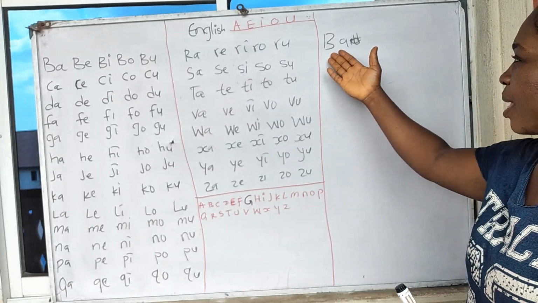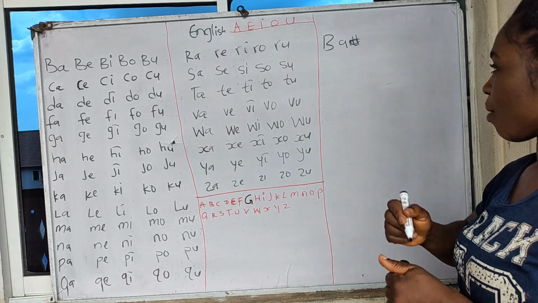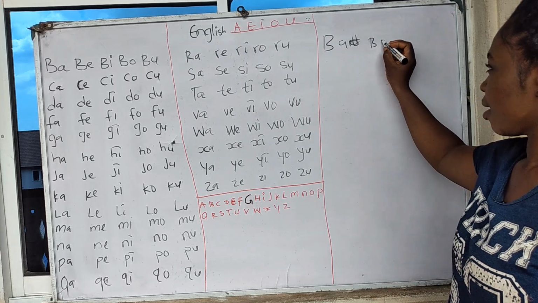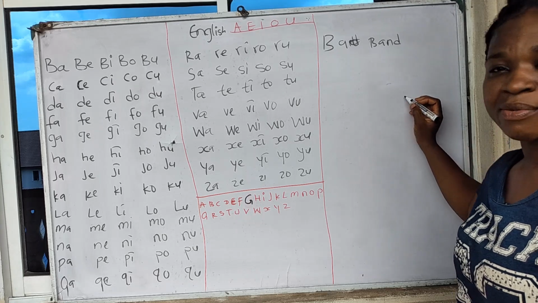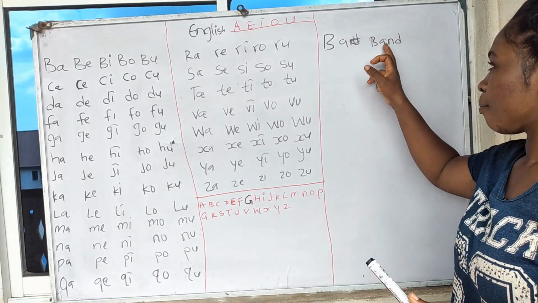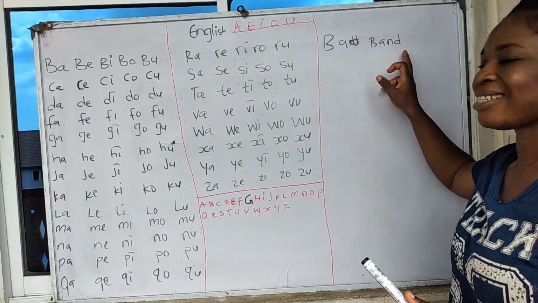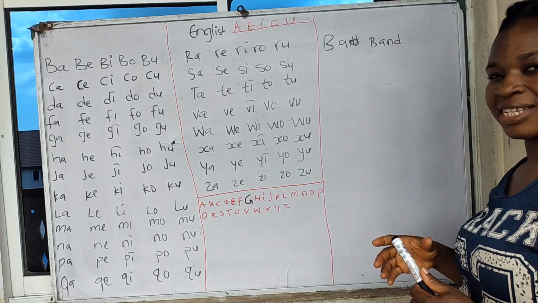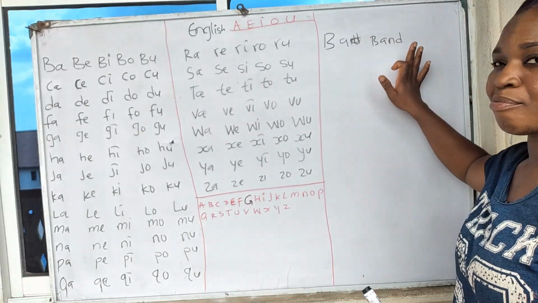Now if I keep increasing these letters, it's going to give me different words. Now I have B, A, N. I can add D and it becomes band. You can see that the BA is there, the N is there, plus the D. It gave me band.